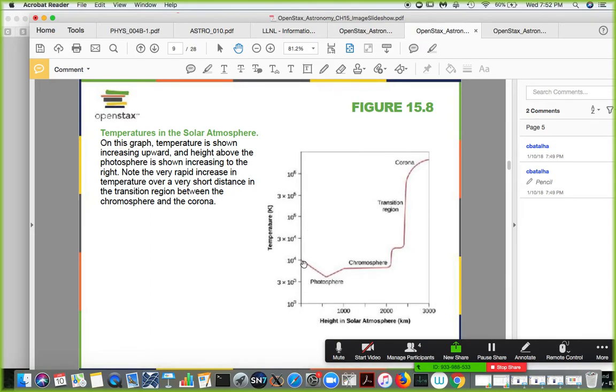In the photosphere, the temperature diminishes until it hits a minimum, and then it starts to rise up to the chromosphere and eventually reaches the corona. The transition region is a very small region, and in some books it's not considered a region exactly, but some authors, like in our book, mention that region.